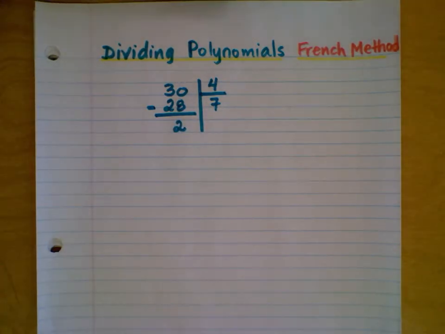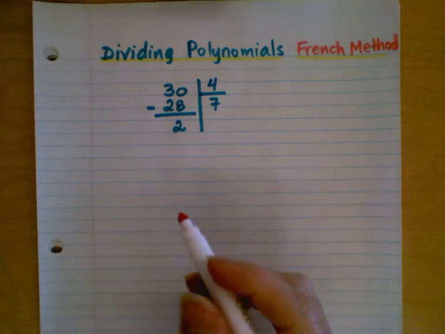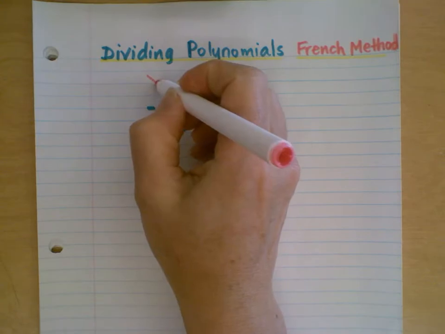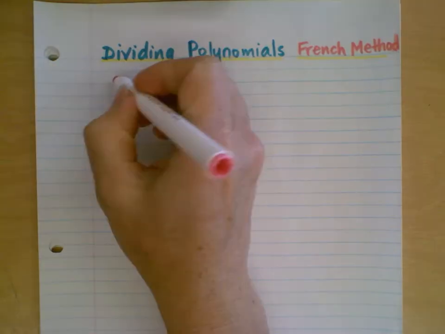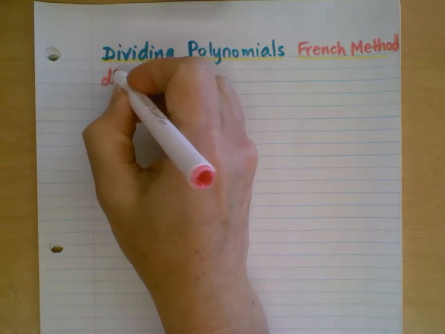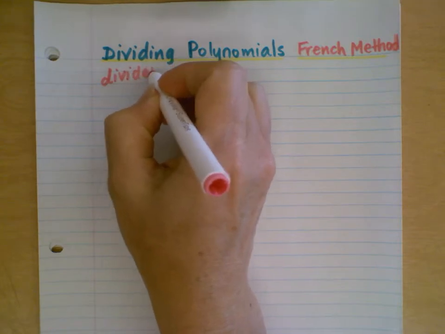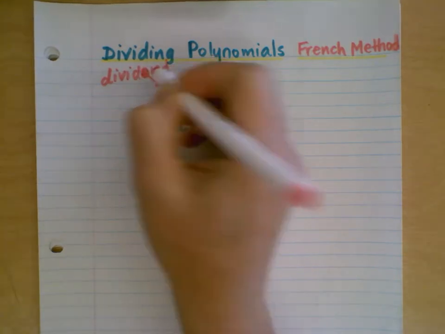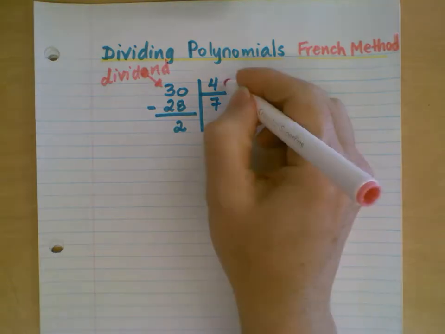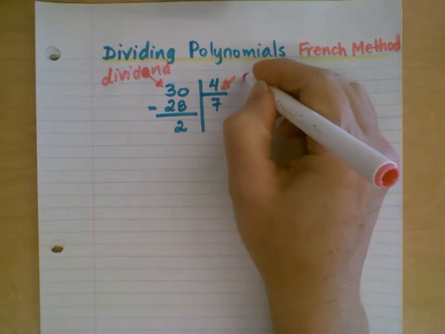And that leaves 2. So in this method, the 4 different components that I see here are this 30, which is the dividend. The 4 is the divisor.